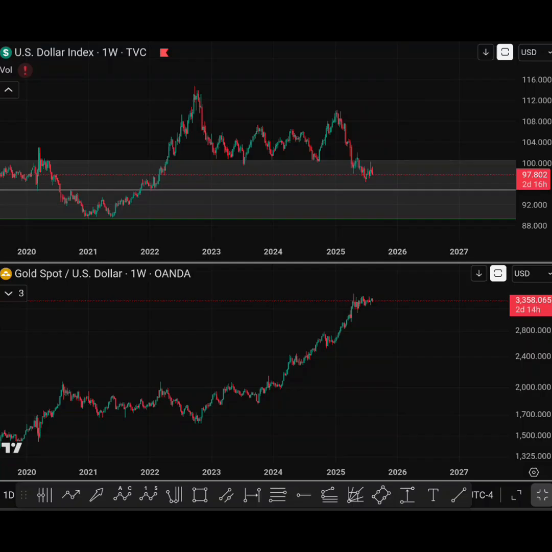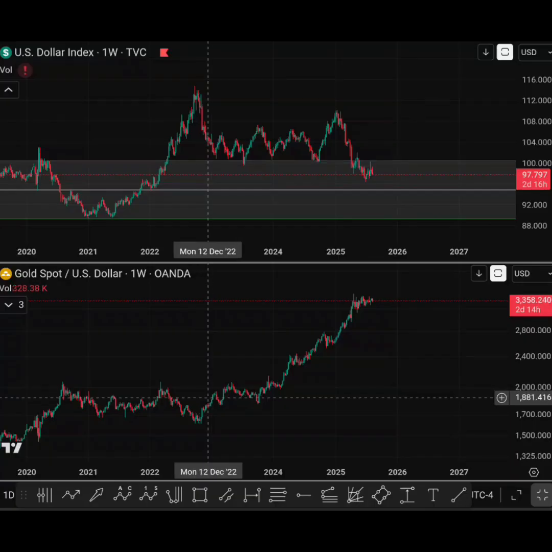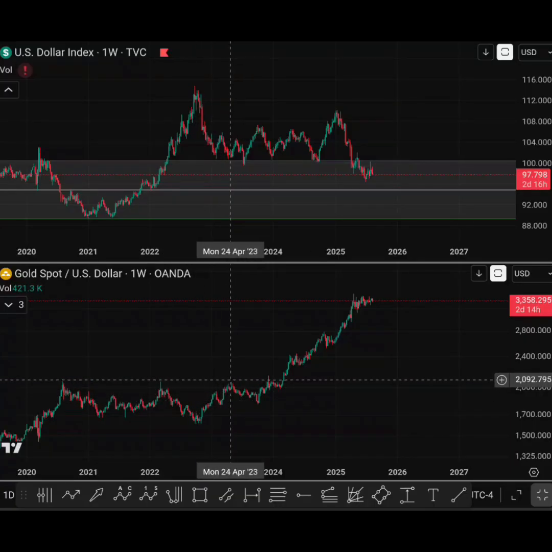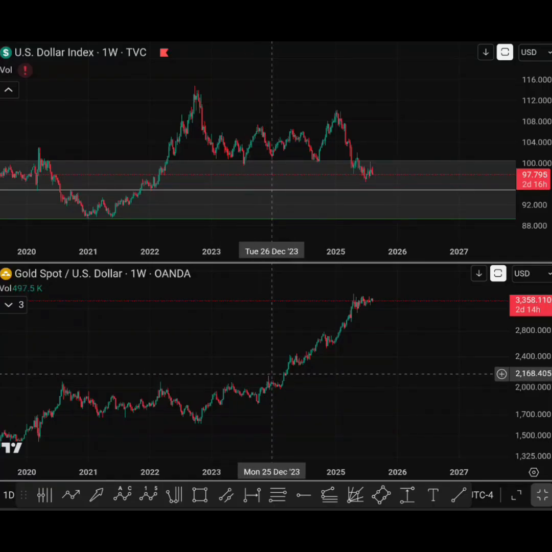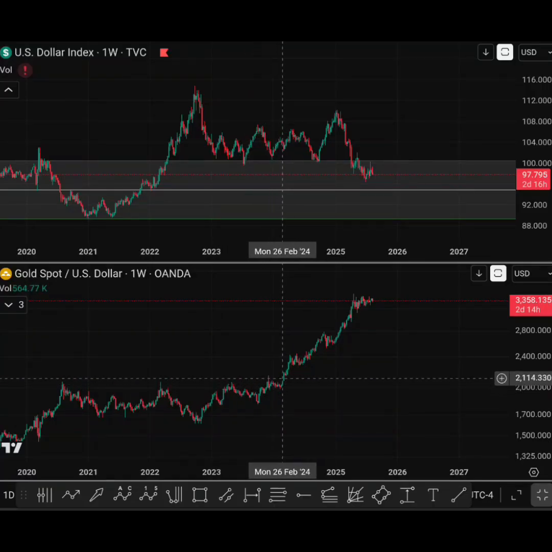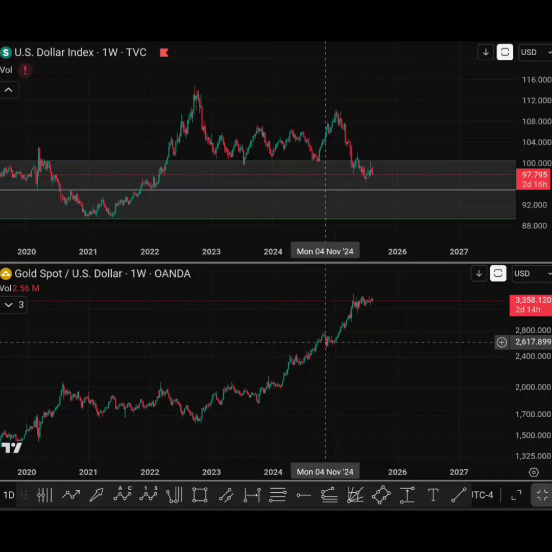Now we'll zoom back into the 1 week chart and compare it with gold and see what's been going on since that DXY has topped. You see gold has bottomed and you had the rise of gold and the decline of the dollar versus other currencies. And then sideways chop in the dollar as gold continued to rise.